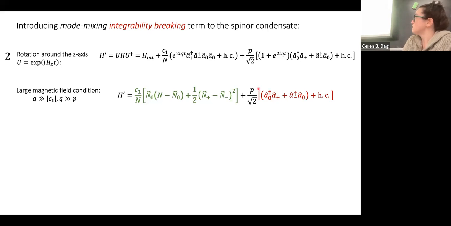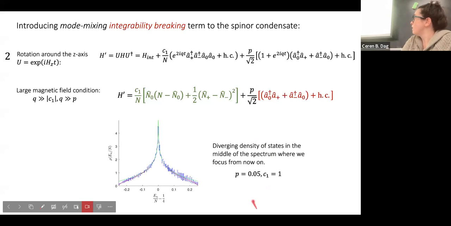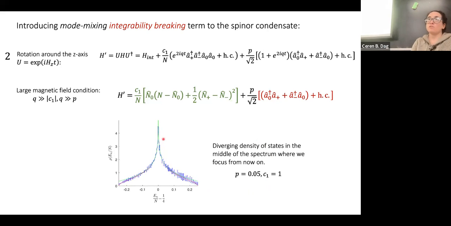The nice thing about this simple model is that even with a small P, like 0.05, we end up with a diverging density of states in the middle of the spectrum, okay? That diverging density of states will help us to induce chaotic behavior. Yeah, so Q disappeared.